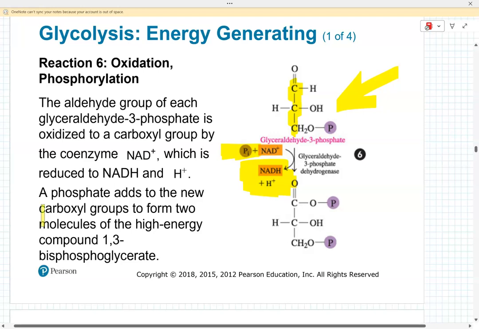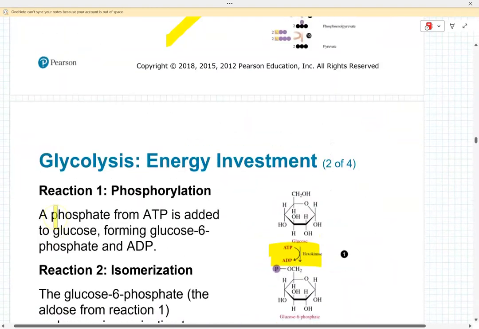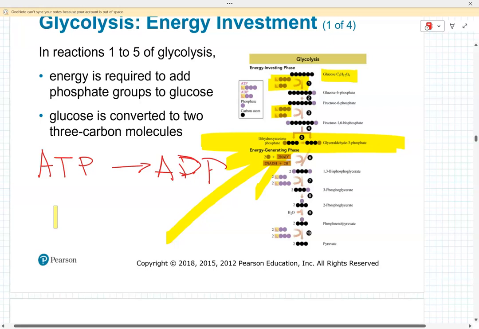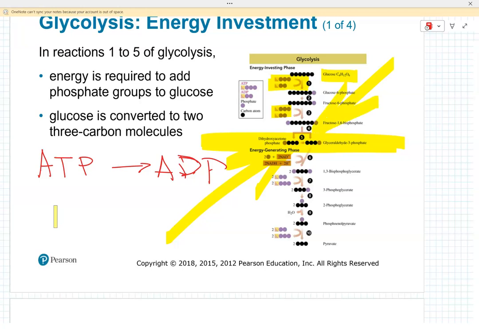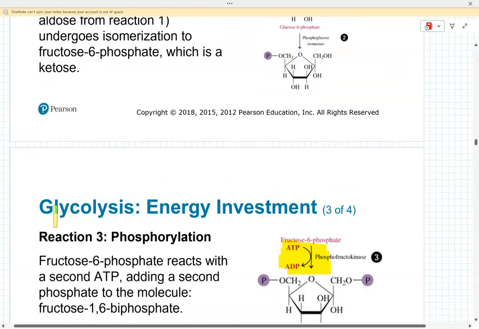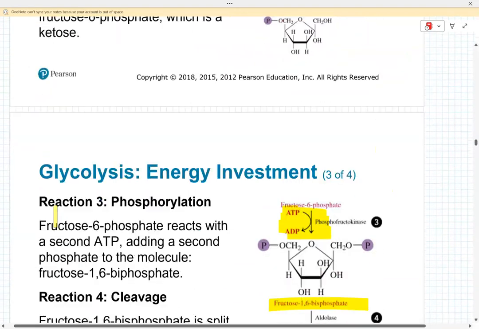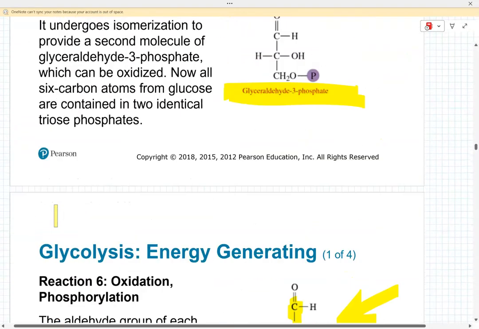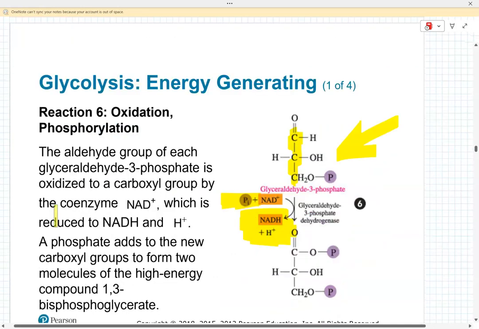Everybody agrees? How many molecules of glyceraldehyde 3-phosphate do we have? 2. 1 molecule gives you 1 NADH. 2 molecules give you 2 NADH. All good? Now, does that logic make sense?